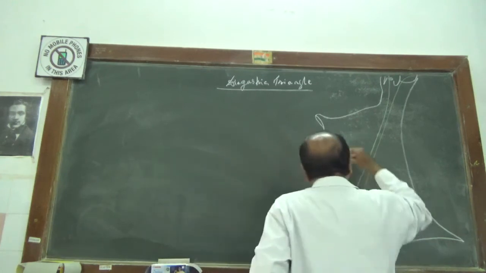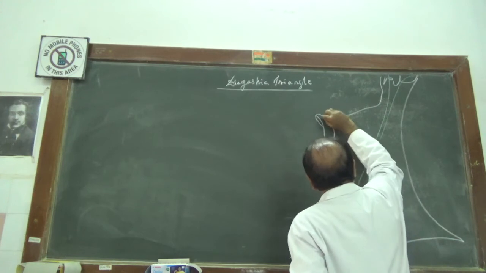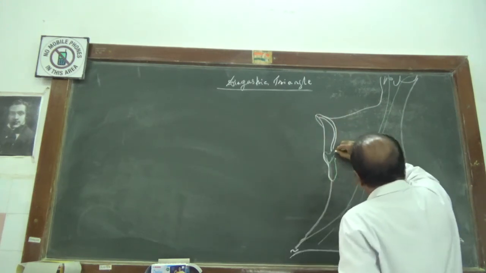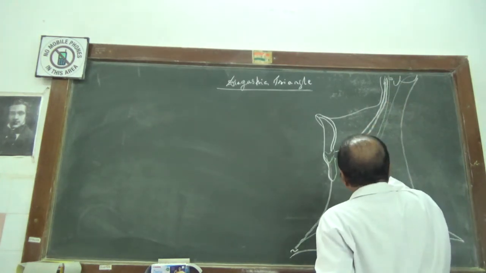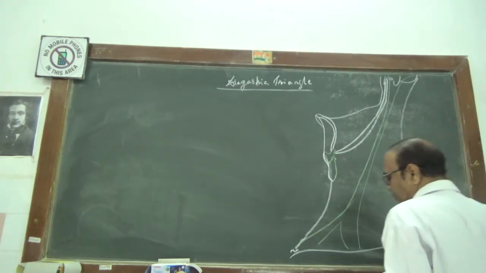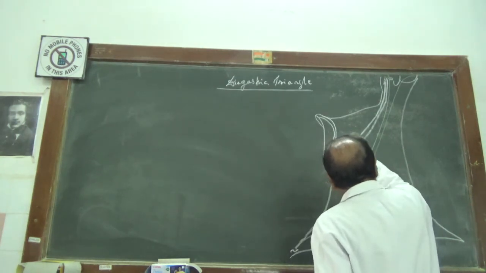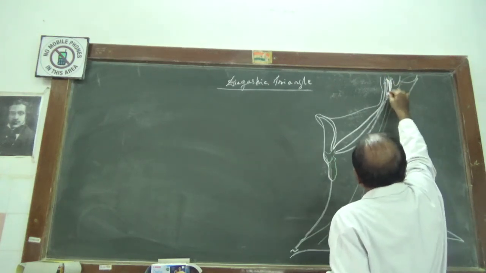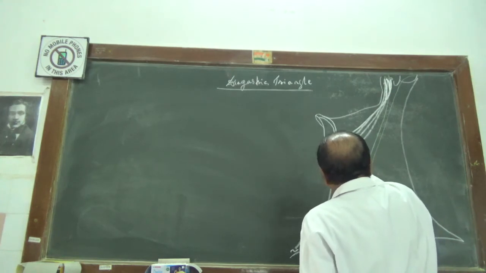Now you have got, this is the anterior belly of the digastric. So this will be the stylohyoid, and this is the posterior belly of the digastric.